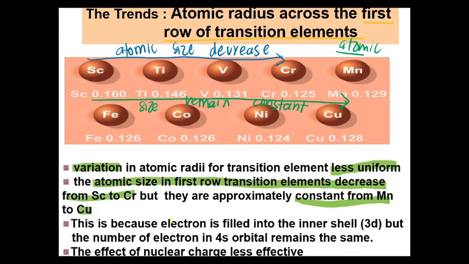This happens because electrons are filled into the inner 3d shell, but the number of electrons in the 4s orbital remains the same. Hence, the effect of nuclear charge becomes less effective.